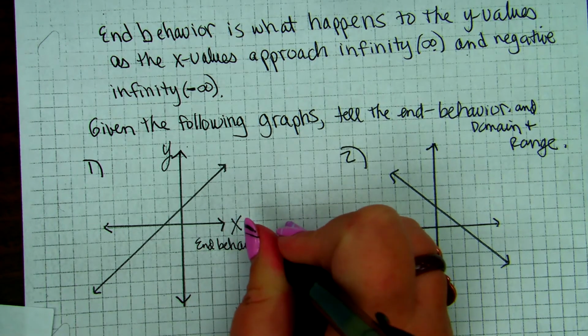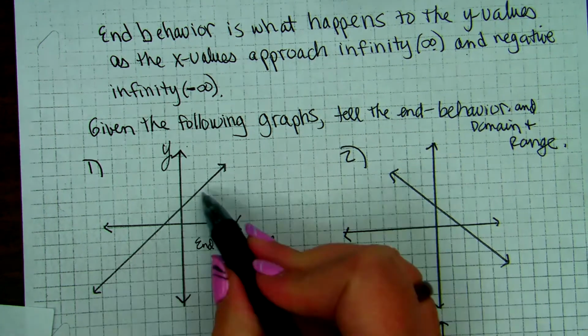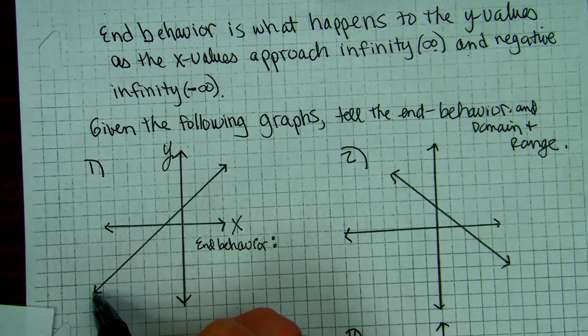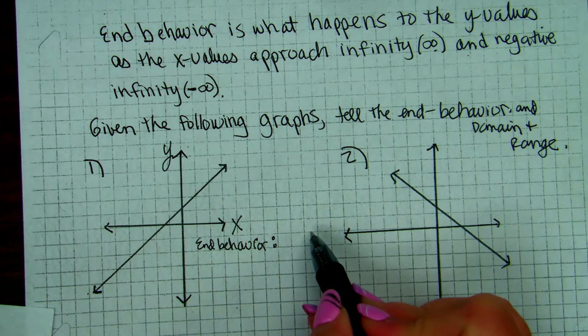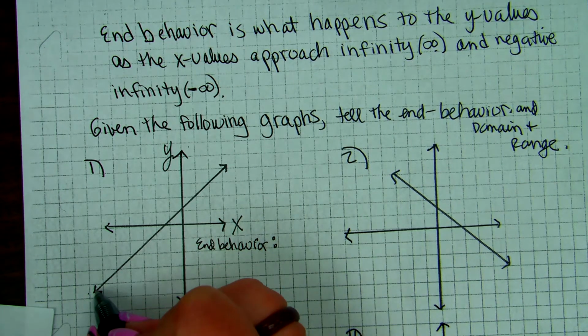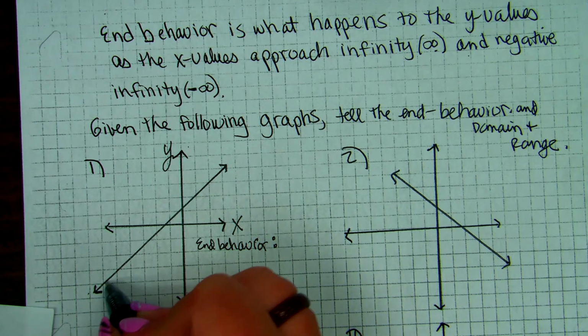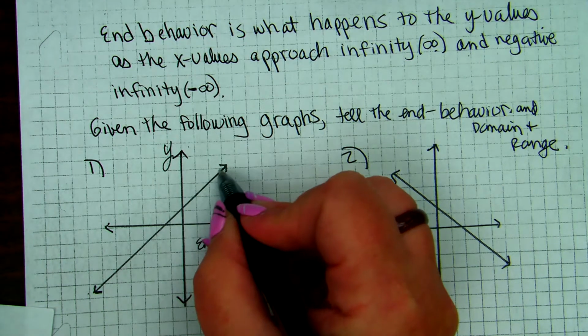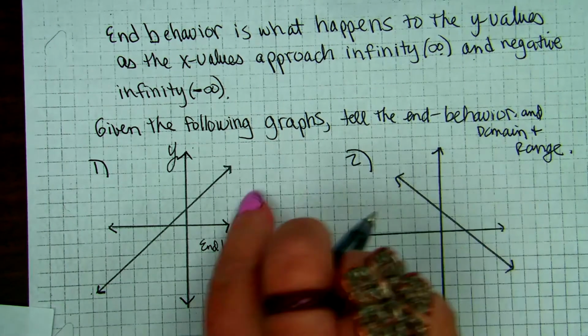What we're going to do is be on this line. This line starts over here. We always go left to right. This line starts at negative infinity, and then it continues and goes to the right, positive infinity.